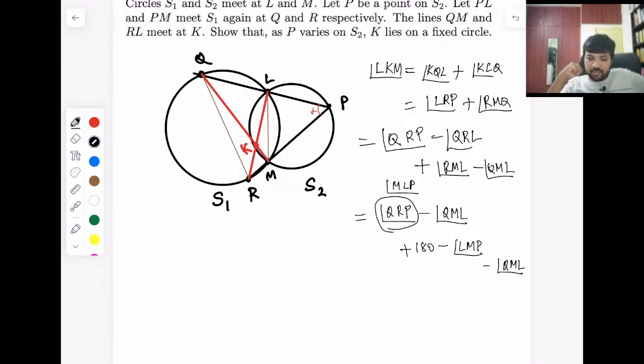Then it will become isosceles. Q and R, we can try to keep them equal. No, we may not be able to. That limiting case might be difficult. But can't we guess what happens if P was here, if it's symmetric? Then by symmetry, it'll be something like this.